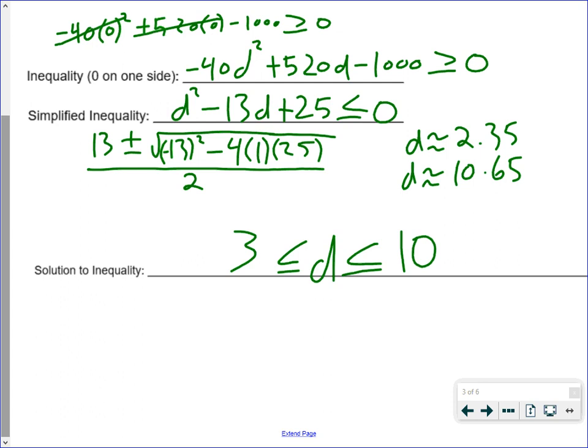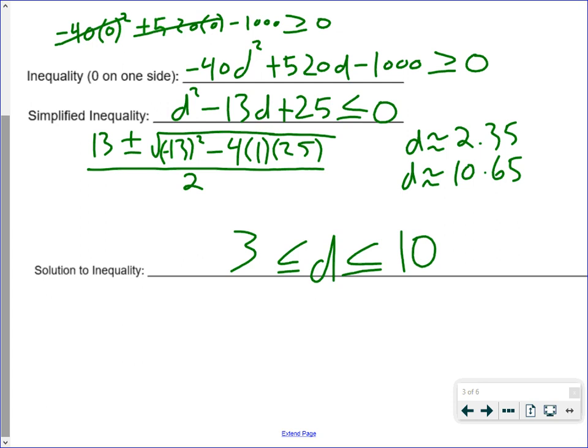So that's why we round that down and why we round 2.35 up. So our solution to this problem with the inequality is 3 is less than or equal to d, which is less than or equal to 10. So we have to increase the dues by $3, $4, $5, $6, $7, $8, $9, or $10. Any of those numbers will give us a revenue of at least $13,000.